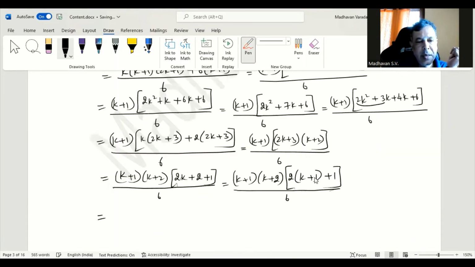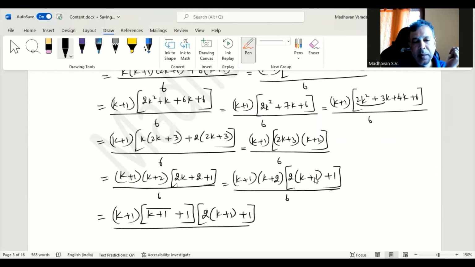Again, this can be written as k plus 1, then k plus 1 plus 1, then 2k plus 1, divided by 6.